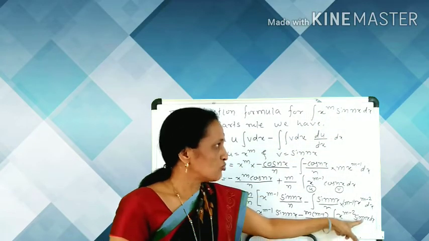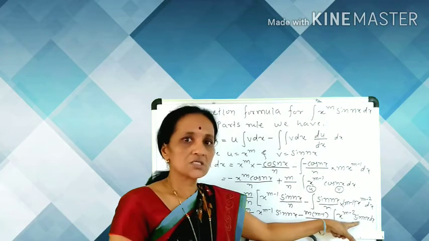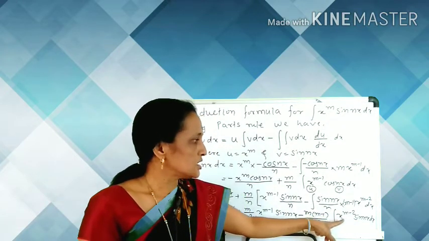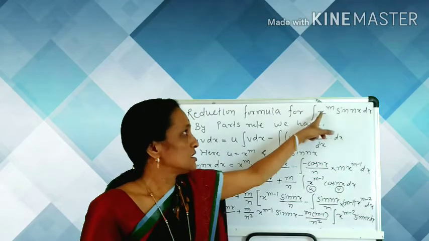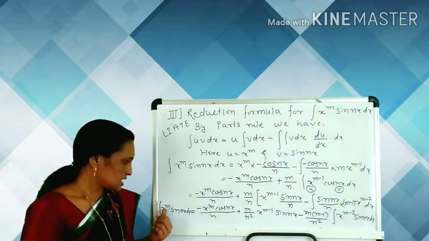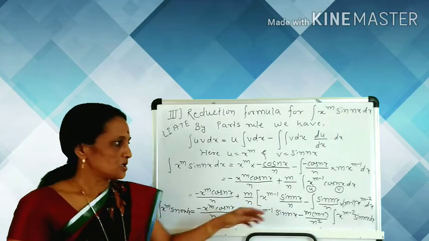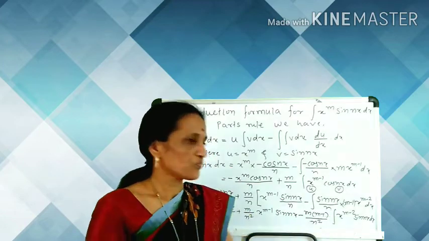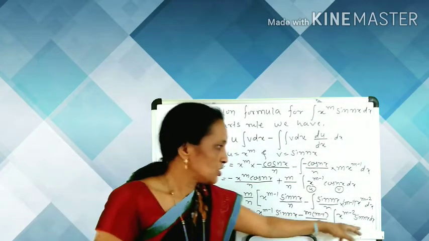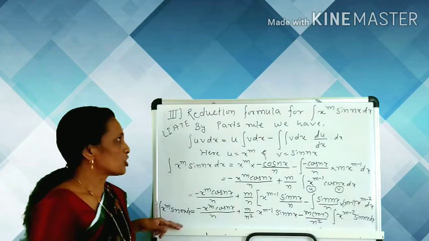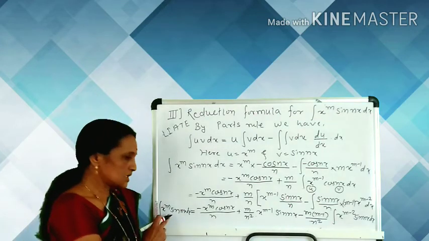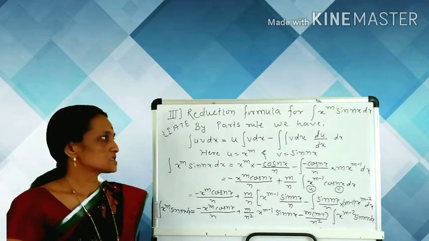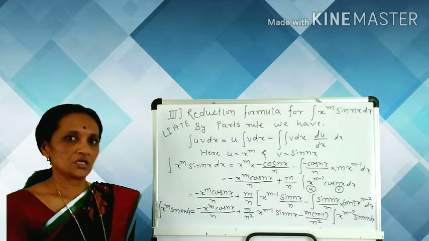In this case both integrals consist of the sin function multiplied by an algebraic function, but in the given function there is a power x raised to the m and in this integral x raised to the power m minus 2, and so this is the required reduction formula for integration of x raised to the m multiplied by sin nx into dx.